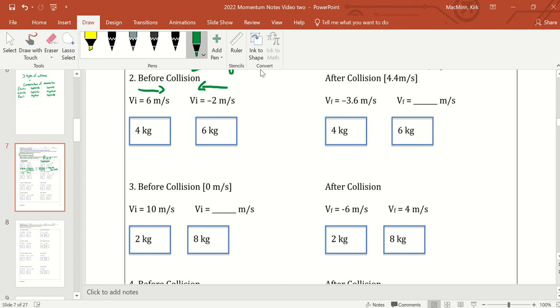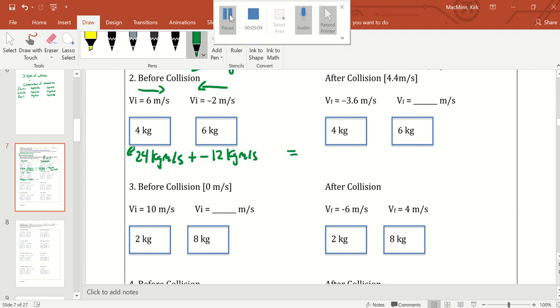So to find the total initial momentum, I have 4 kilograms times 6, which is 24 kilogram meters per second, plus I have 6 times negative 2. So that's actually going to be minus 12 kilogram meters per second, equals 4 times negative 3.6, which is going to end up being negative 14.4 kilogram meters per second plus 6 VF.